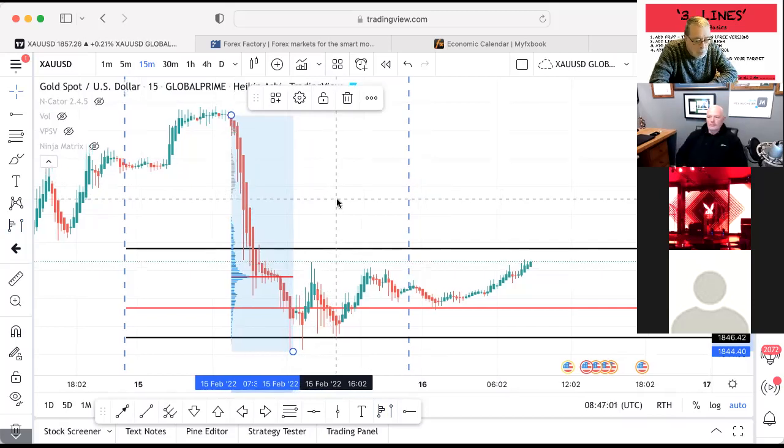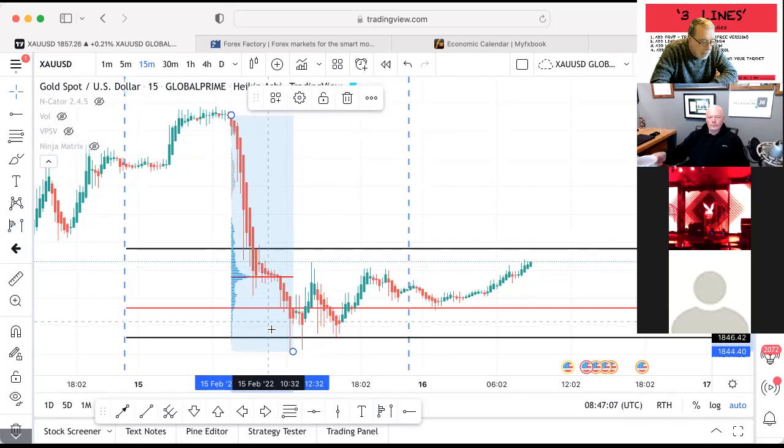I put the volume profile on for that move from the top of that candle there to the bottom of that candle there. And it gave me a new POC. But look where it is. Can you see what happened yesterday when it reached that POC? It went into consolidation.